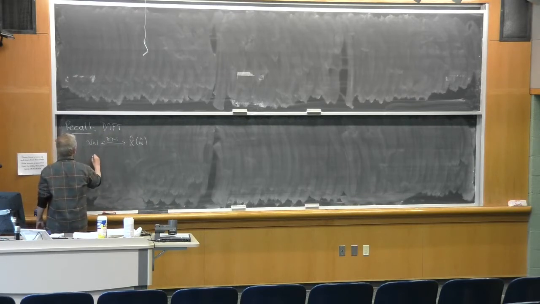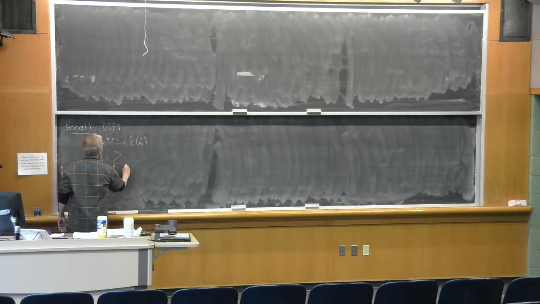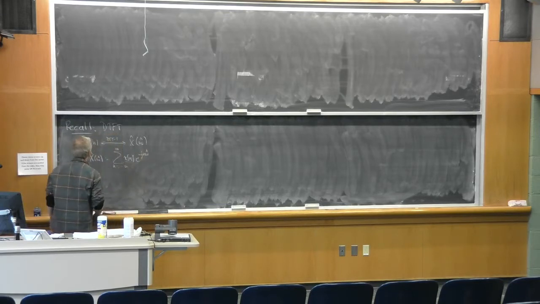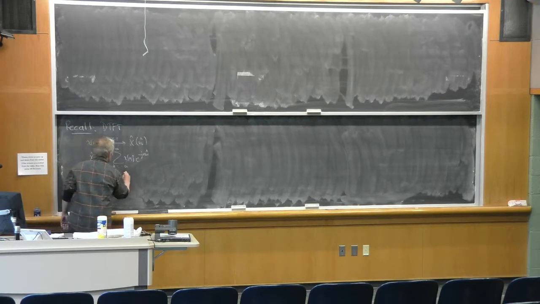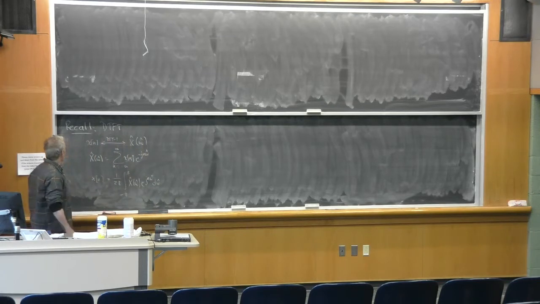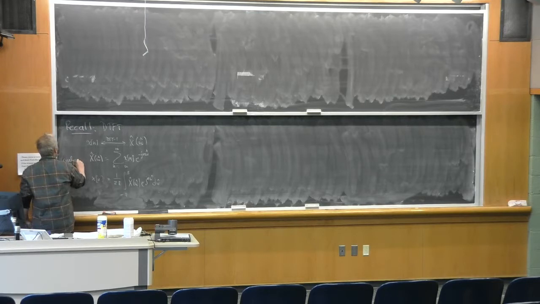One of them is x hat of omega hat equals the sum from n equals minus infinity to infinity of x of n e to the minus j n omega hat. The other one gives you x of n in terms of the DTFT. We have names for these two equations. This one is called the analysis equation, and this one is called the synthesis equation.